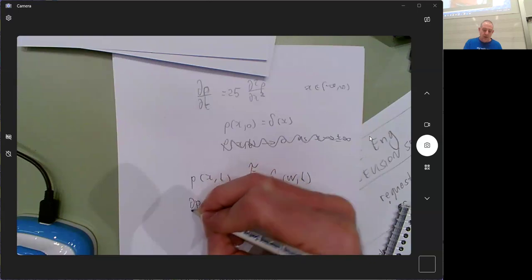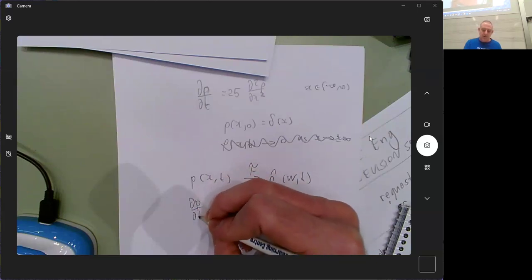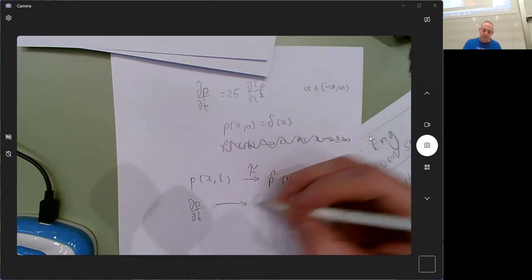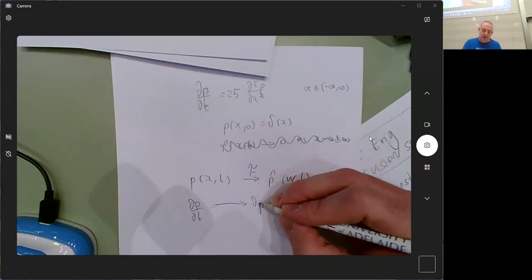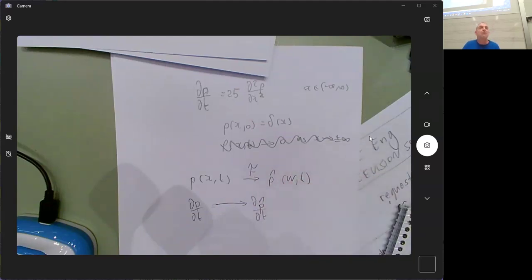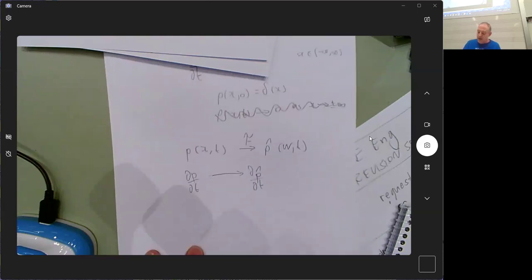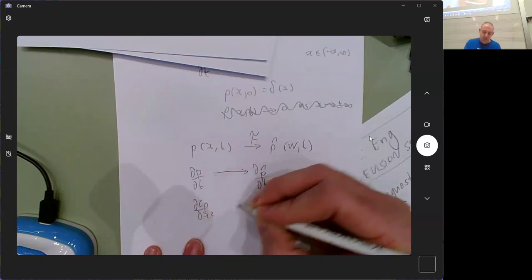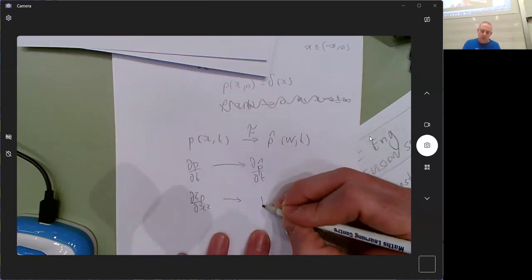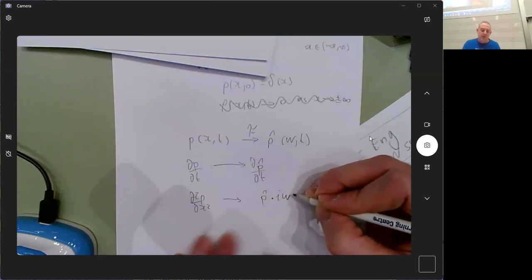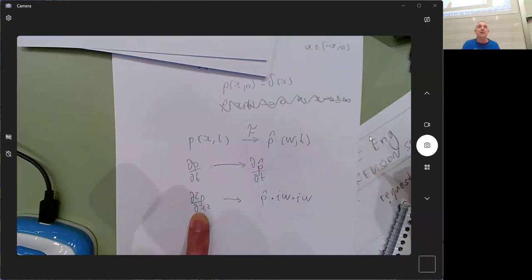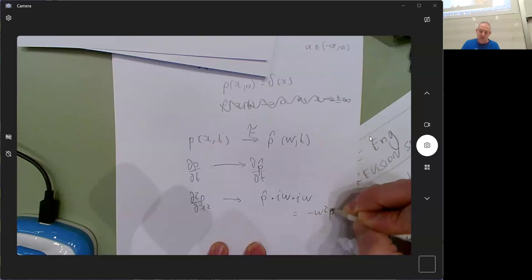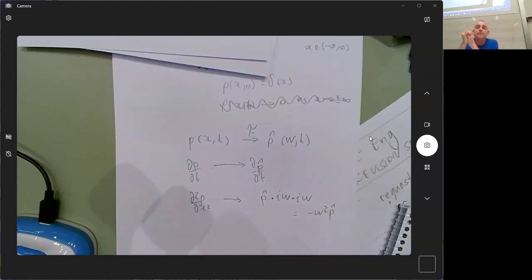So dp on dt will become, I guess, dp hat on dt, because that's fine. And the d squared p on dx squared will become p hat times iw for the first derivative and times iw for the second derivative. And so I'll get minus w squared times p hat.